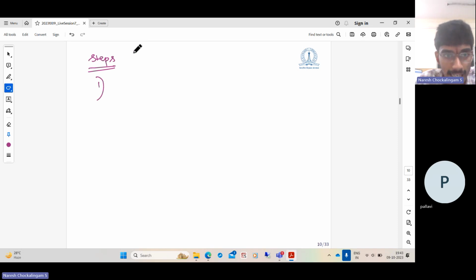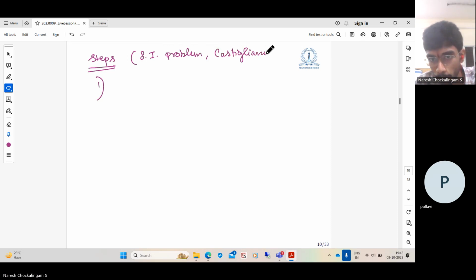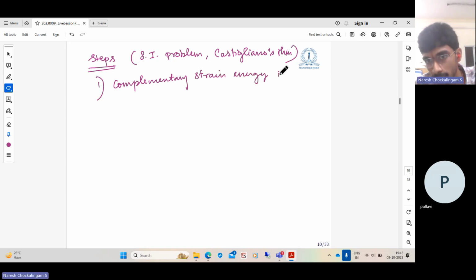So for a statically indeterminate problem using Castigliano's theorem, first write the expression for complementary strain energy in terms of forces.